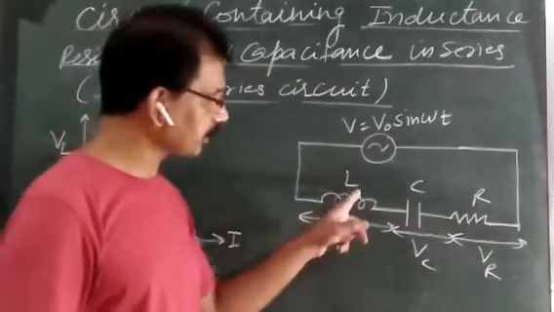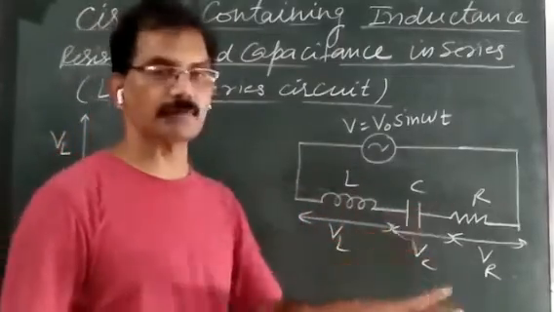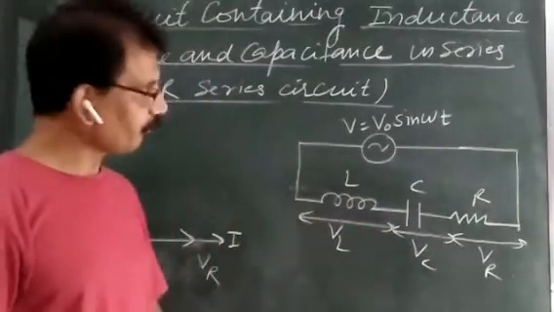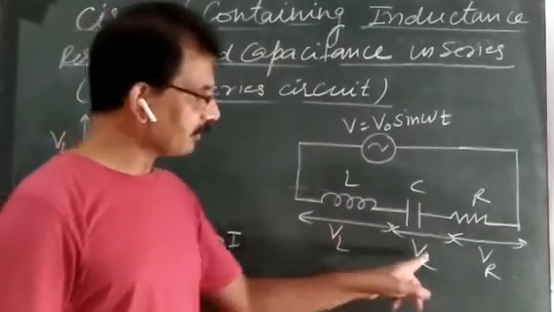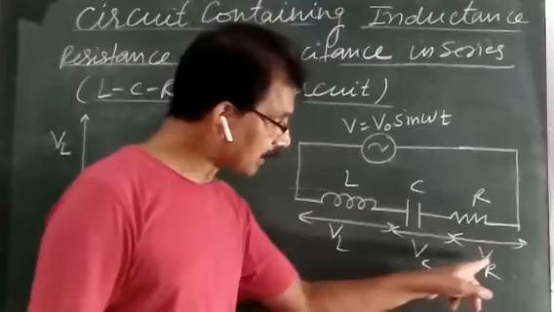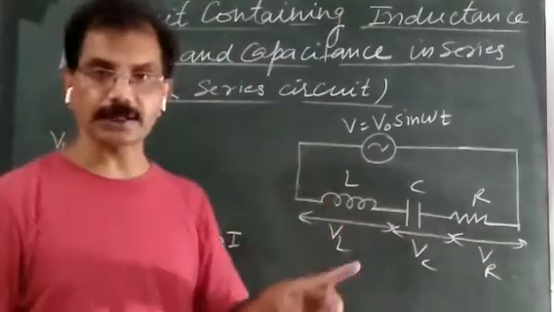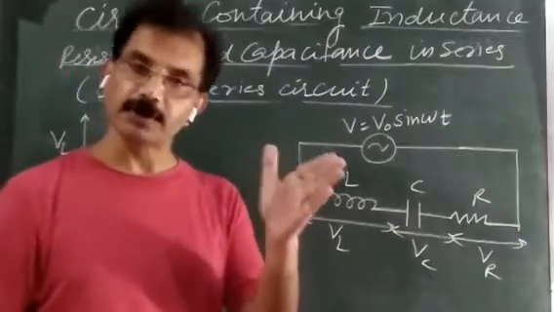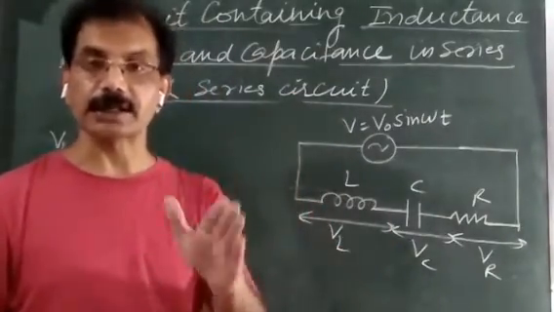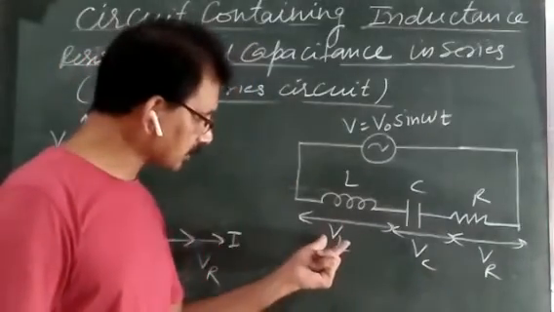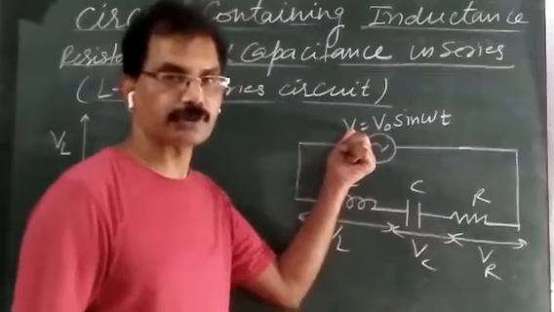And since all these three, L, C and R, are connected in series, the current will be the same. So when you draw the phasor diagram, VL, VC, VR, their vector sum, I am not saying algebraic sum, because in alternating current in this chapter, when you draw the phasor diagram, alternating current and alternating voltage are taken as vectors. So the vector sum of VL, VC and VR is equal to the applied voltage V.